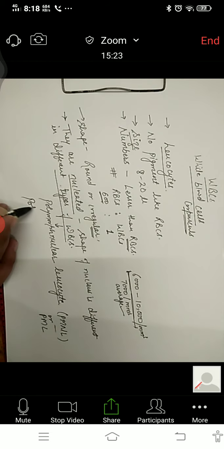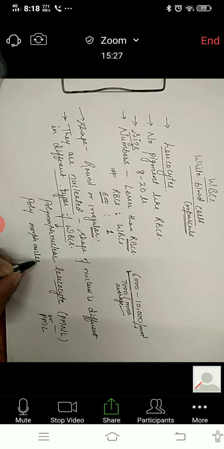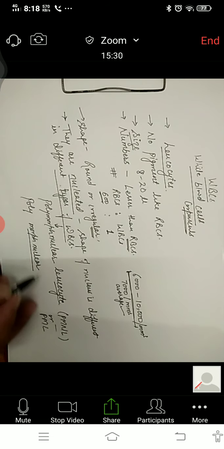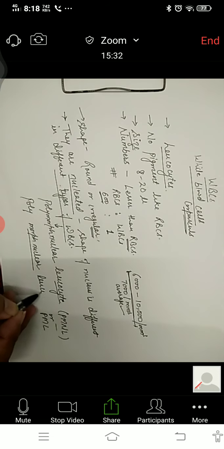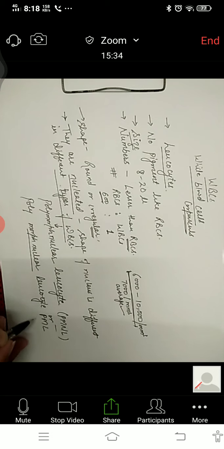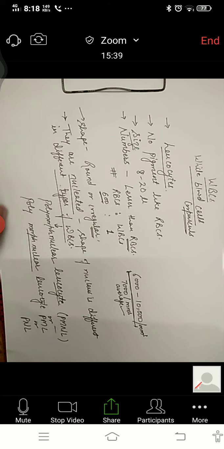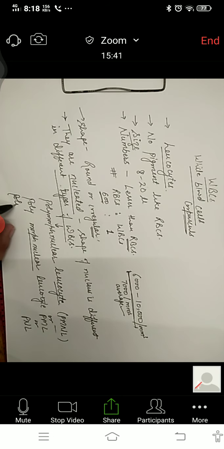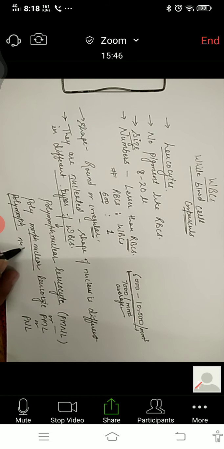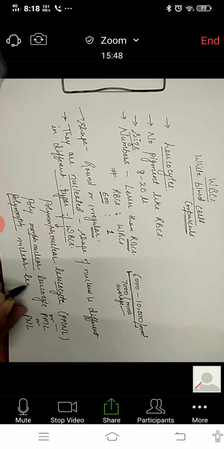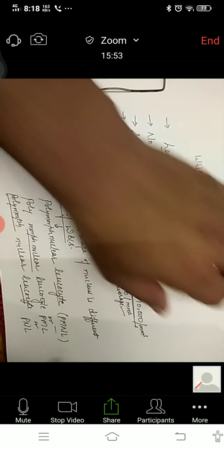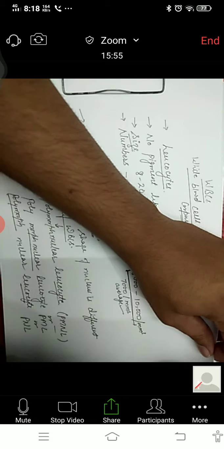Polymorph nuclear leukocyte, or we call it PNL, polymorph nuclear leukocytes.